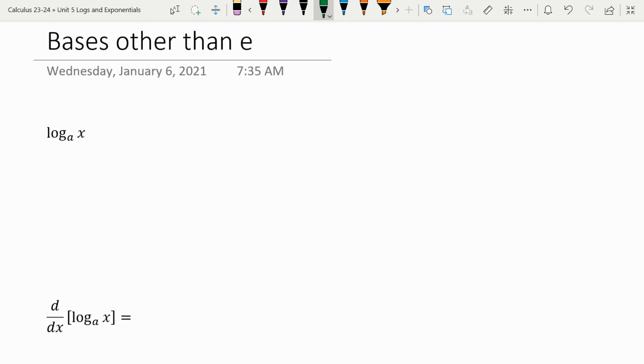So if we remember the change of base formula from precalculus, log base A of B, we can pick any base we want.